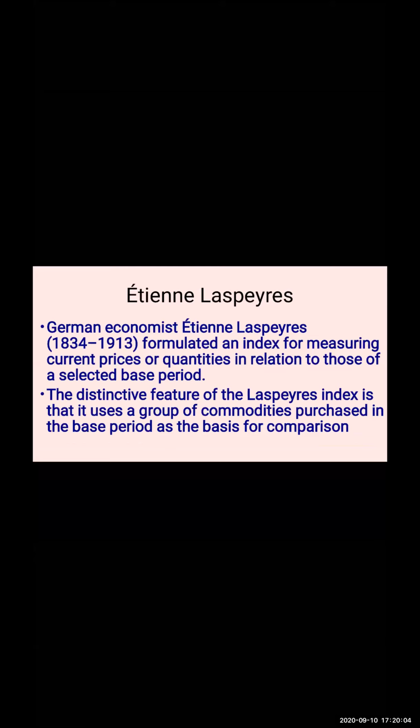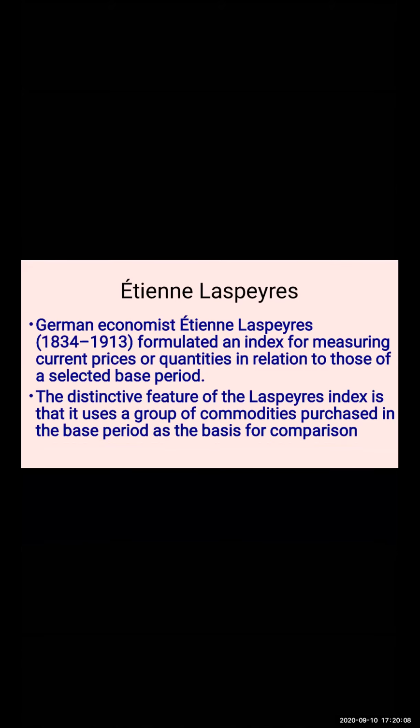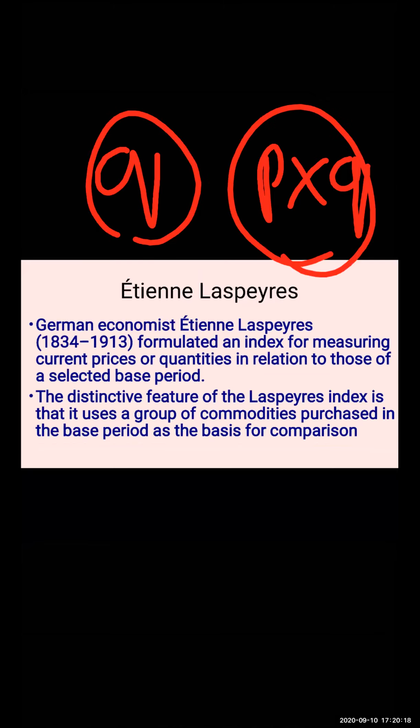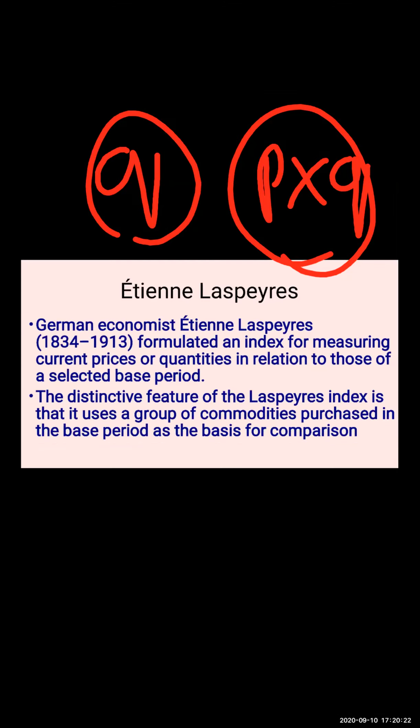Now I told you there are two types of weight. The first weight is of Q, another weight is of value index, where we have product of P into Q. So the suitable weight is given to a particular variable, to various commodities.